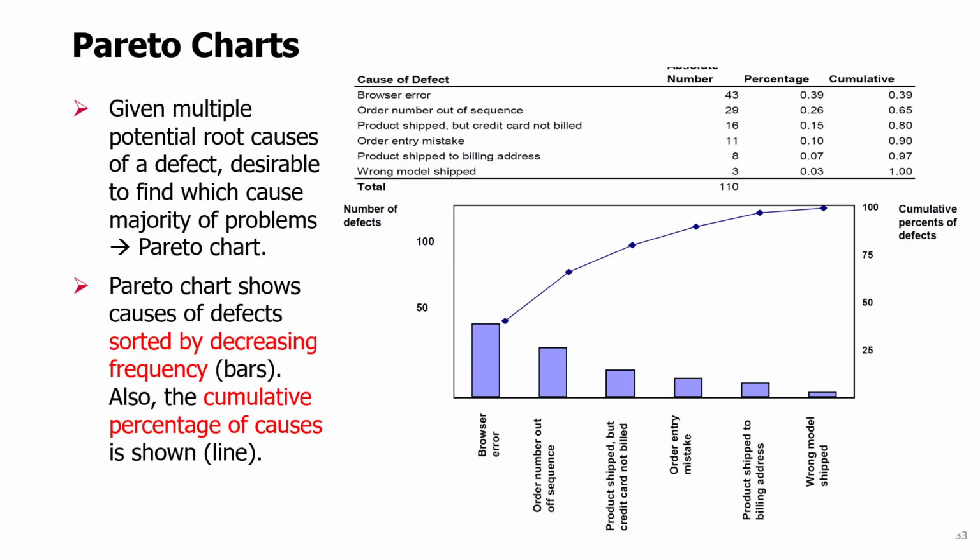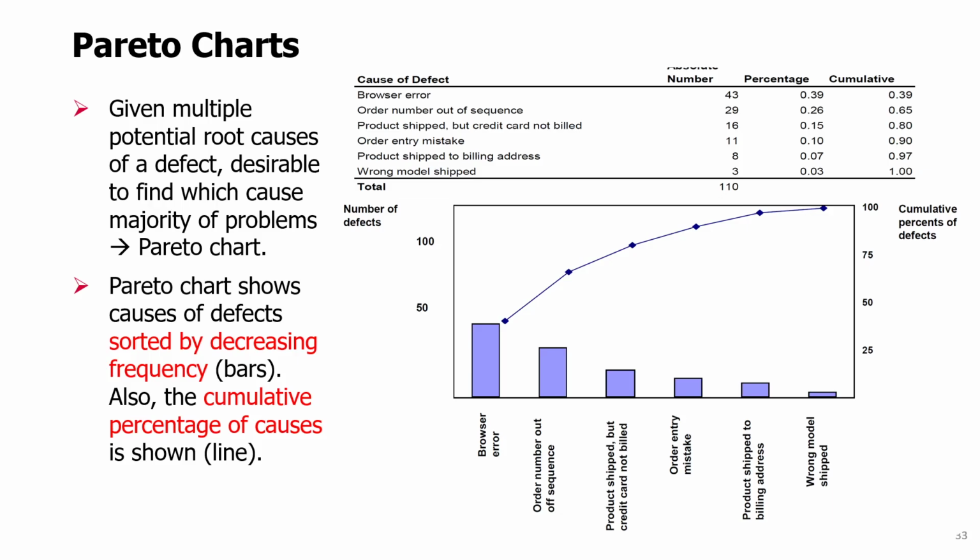One of those tools is the Pareto chart. A Pareto chart is something that is used for studying causes of defects. So, for example, if we have too large a number of defects in some product or service that we deliver, and we want to find out the causes of those defects, we study them.